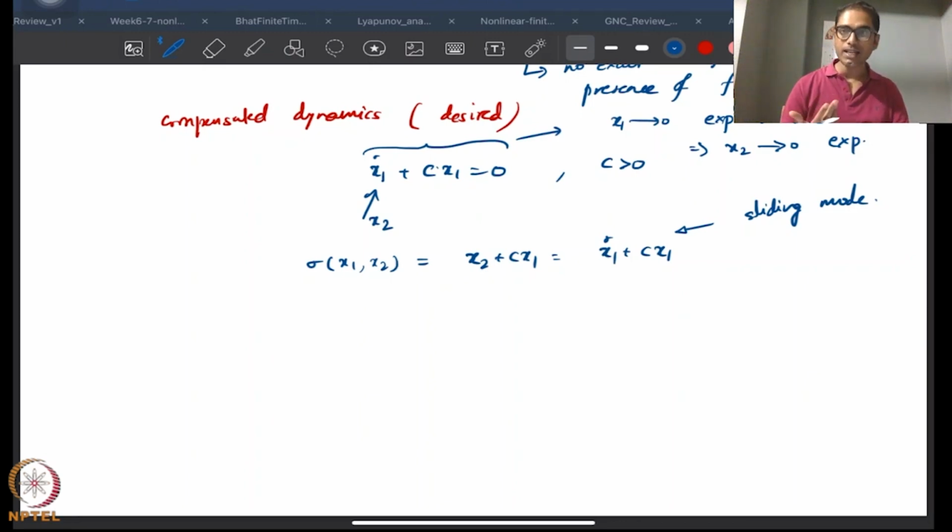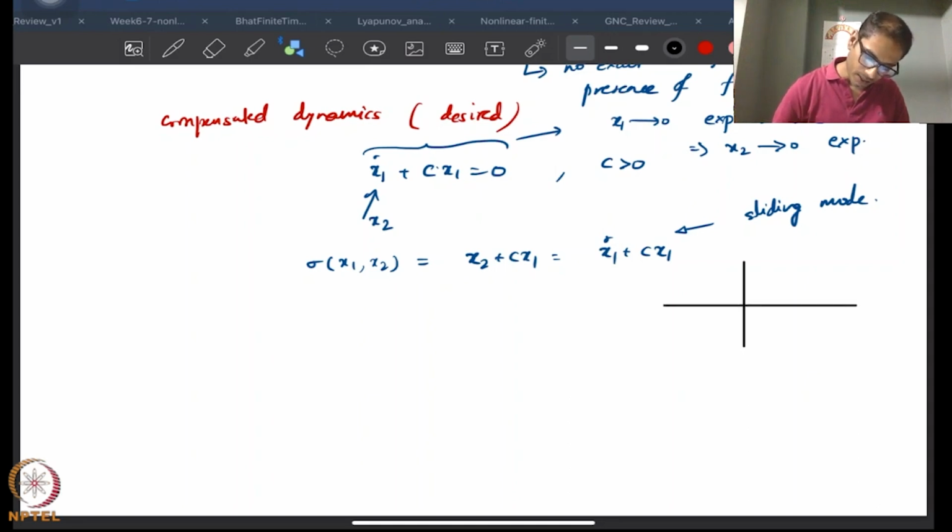Because x2 plus cx1 is a straight line in the state space, in the phase plane, right? I hope that's clear. Something like x2 plus cx1, I can even draw it here.